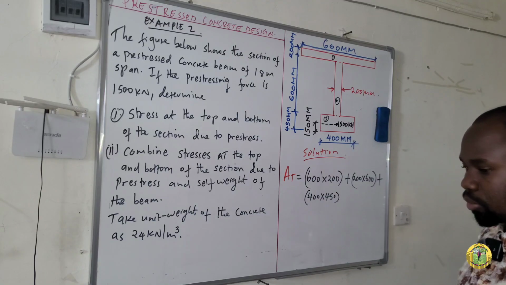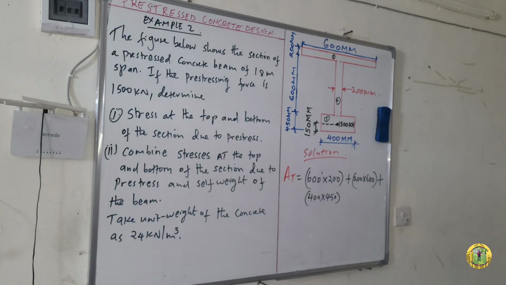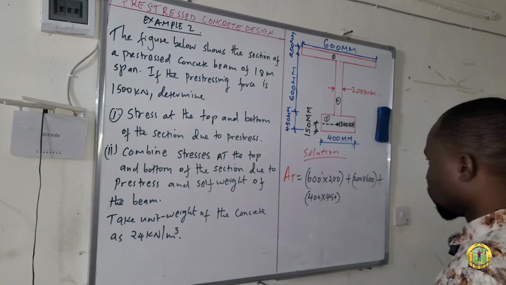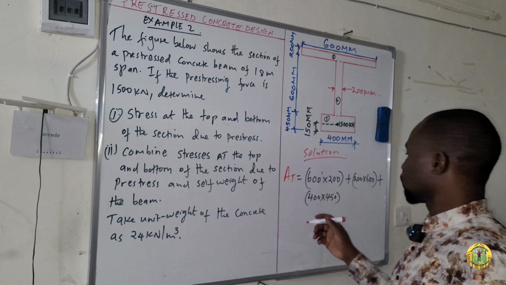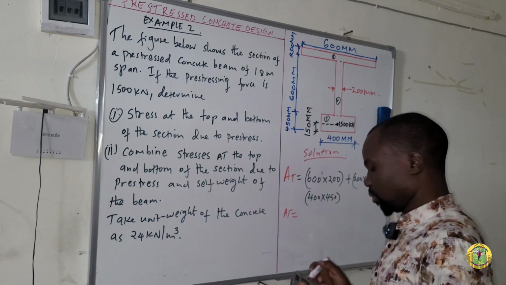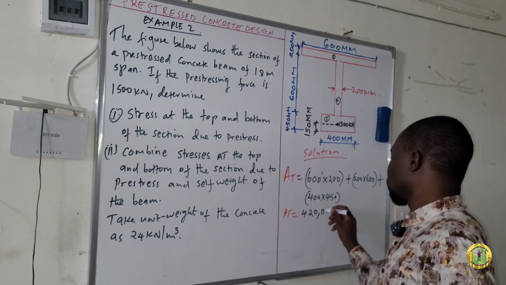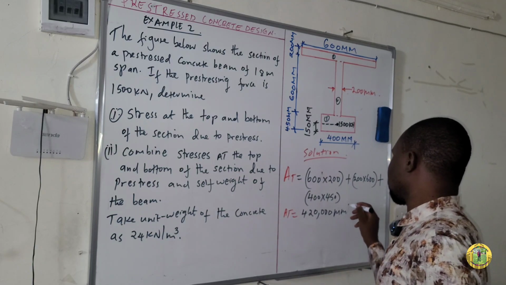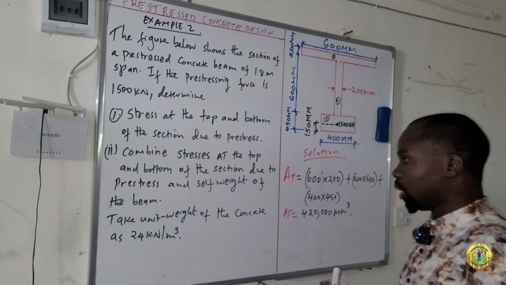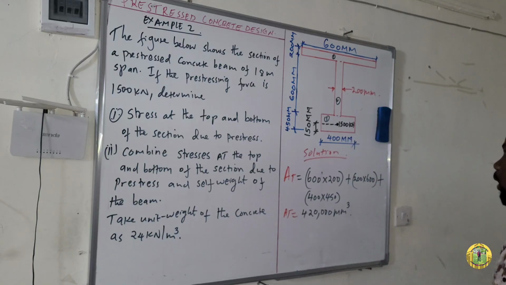So the total area is 420,000 millimeter squared. And then after calculating the total area, we will now proceed to what we call the y bar.